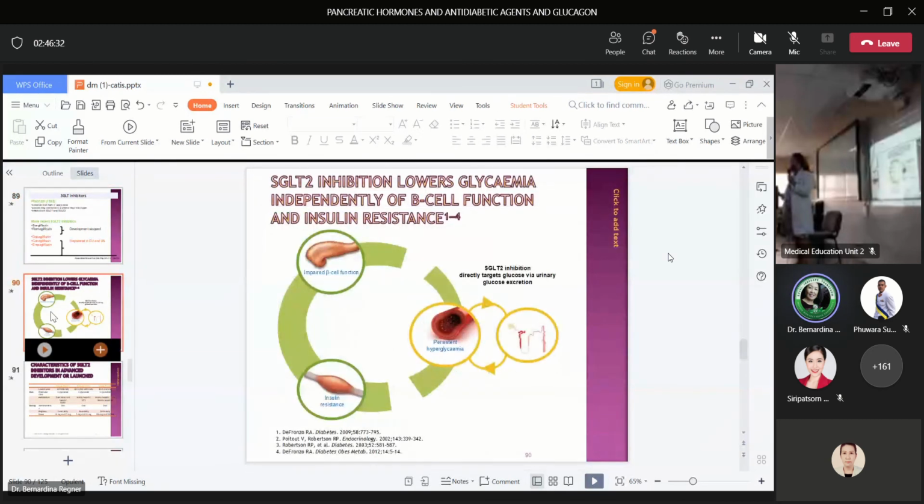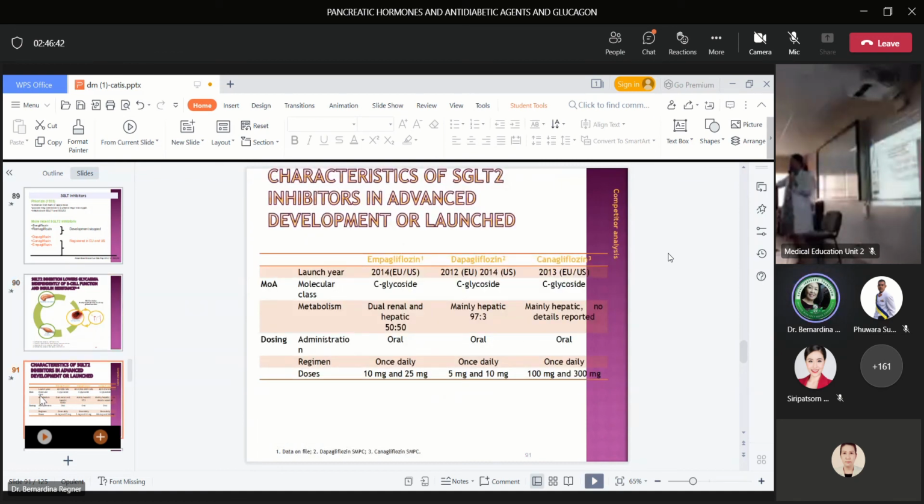Okay, so SGLT2 inhibition can lower blood glucose independently of your beta cell function and insulin resistance. Characteristics of SGLT2 inhibitors in advanced development or launch: metabolism is dual renal and hepatic, mainly hepatic.